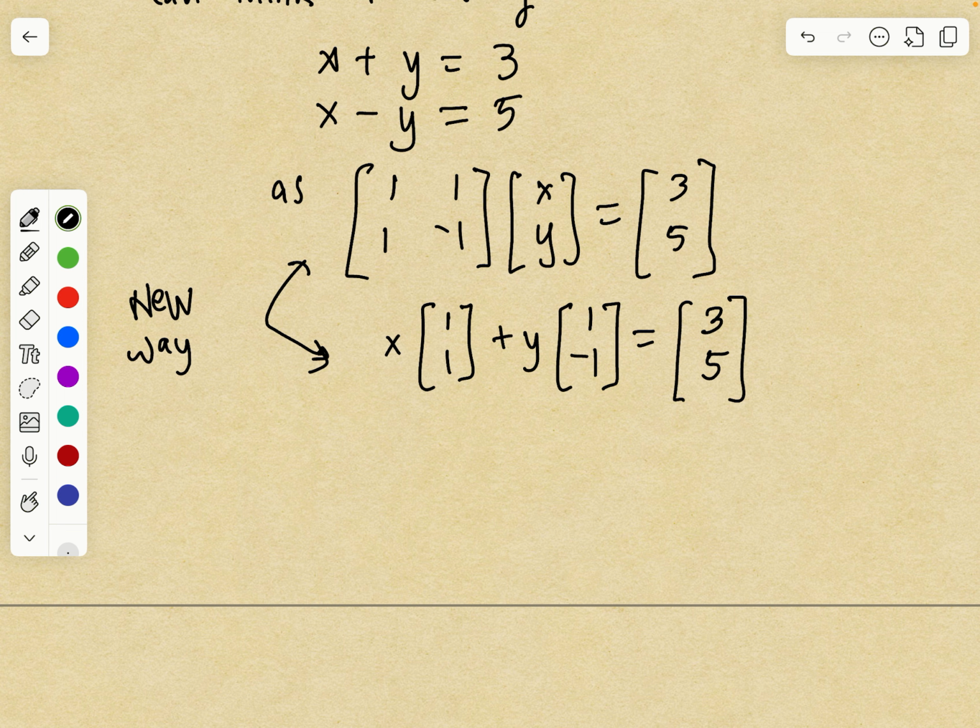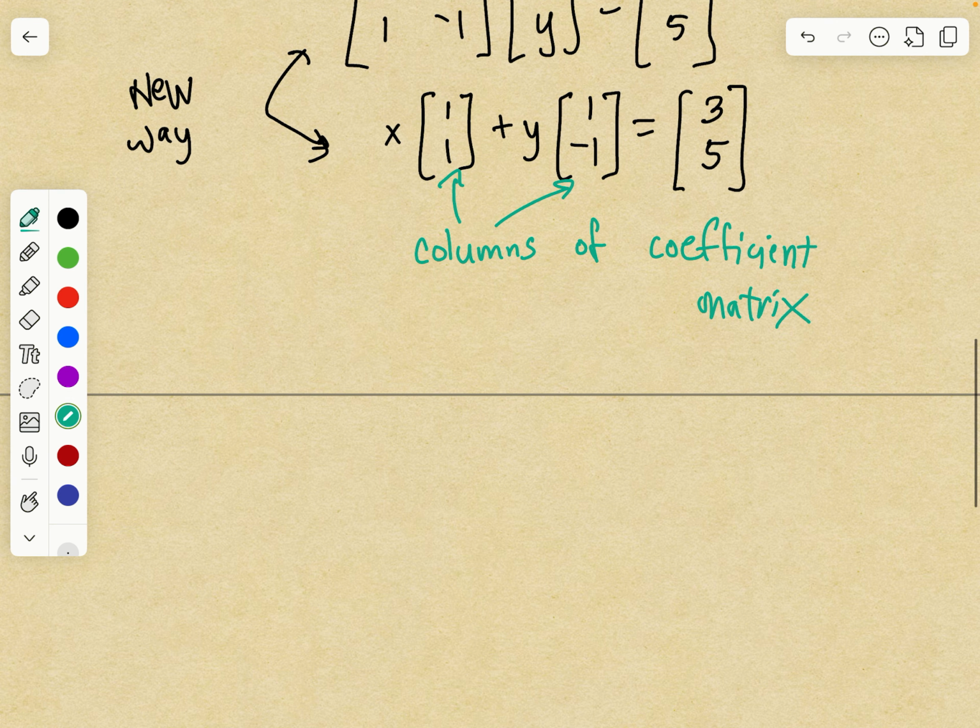And you see that these two columns show up. These were the columns of the coefficient matrix. And now we're asking, how many of (1, 1) and how many of (1, -1) do you need to get (3, 5)?